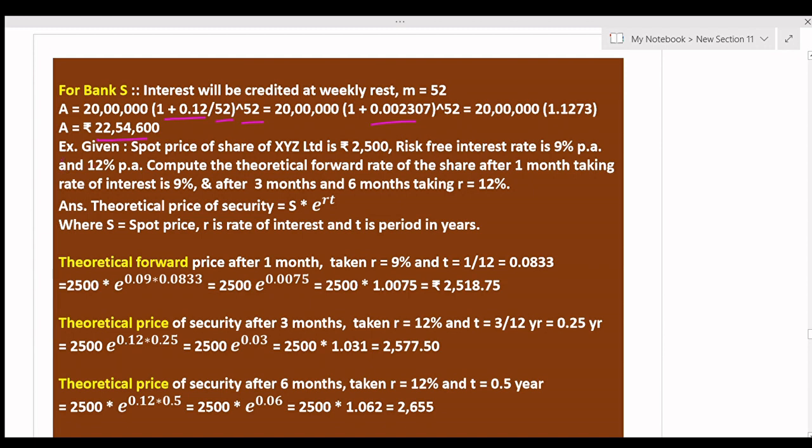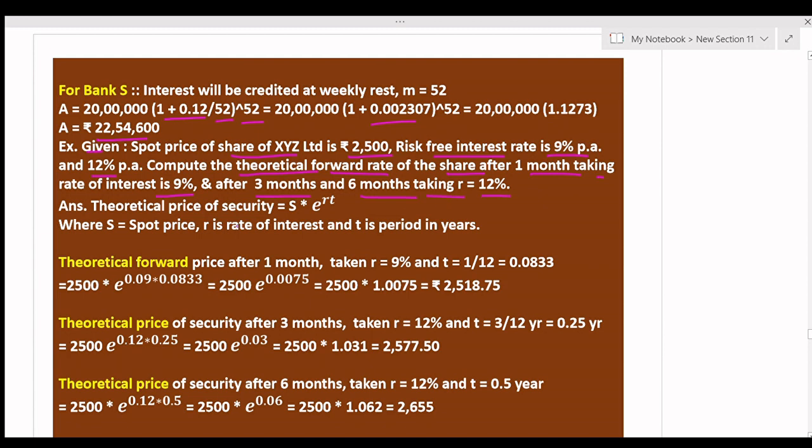Next problem. Given spot price of share of XYZ is rupees 2,500. Risk-free interest rate is 9% per annum and 12% per annum. Compute the theoretical forward rate of the share after 1 month, taking the rate of interest as 9%, and after 3 months and 6 months, taking R equal to 12%.